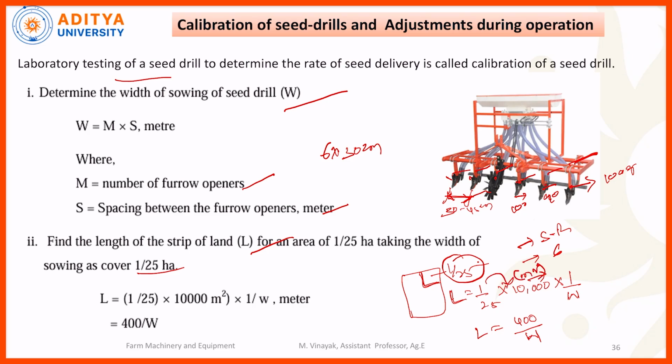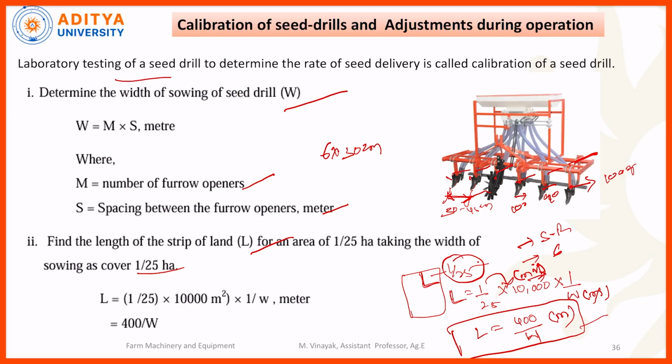We already know the width of the seed drill, so we divide this strip area by the width of the seed drill in meters. The meter square and meter cancel, so we get the length of strip land L equal to 400 divided by W. So the formula is L equal to 1 by 25 into 10000 into 1 by W, and the final formula is L equal to 400 divided by W.